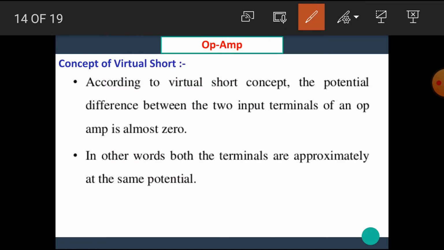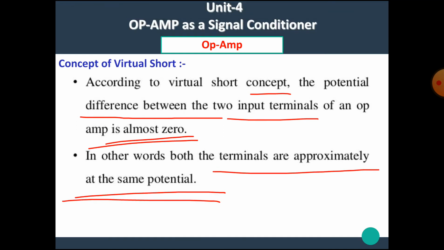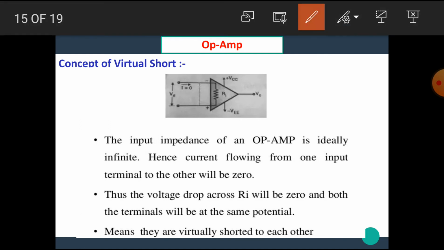That means the voltage between the two input terminals of the op amp is almost zero. In other words, both the terminals are approximately at the same potential. Let's see here, the input impedance of the op amp is ideally infinite. That means the value of this resistance, or the input impedance, is ideally infinite.